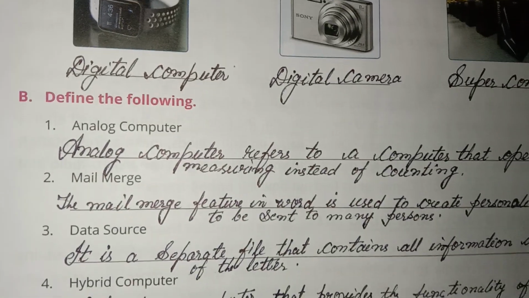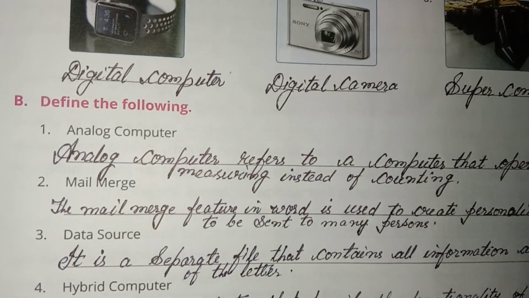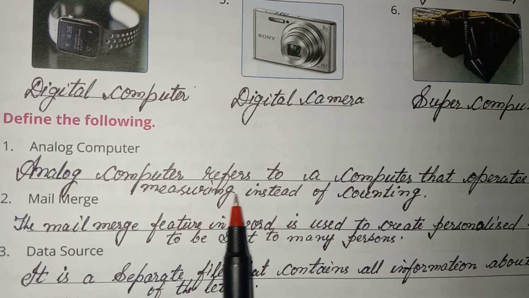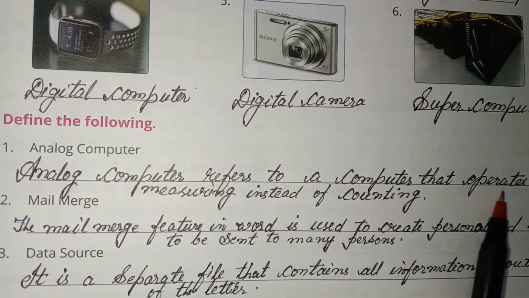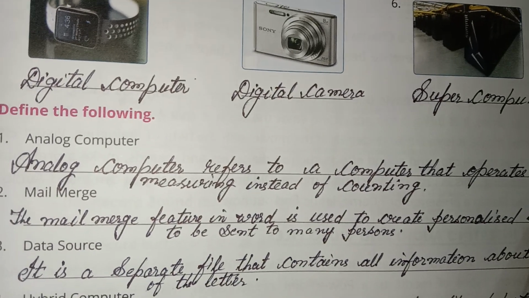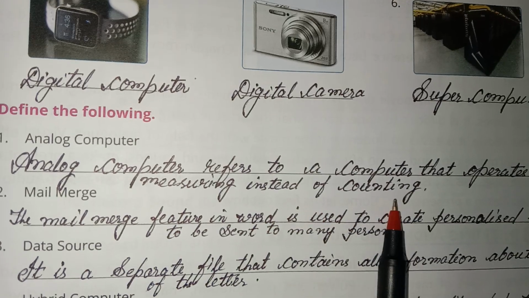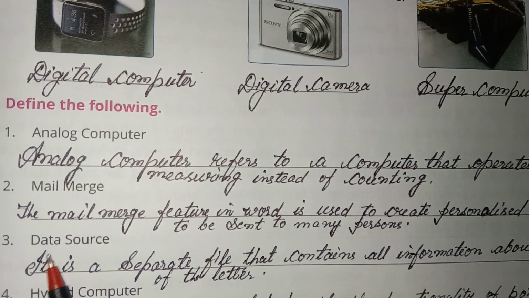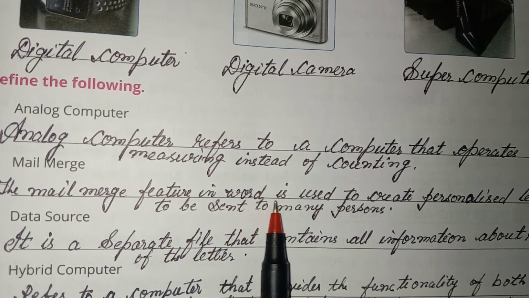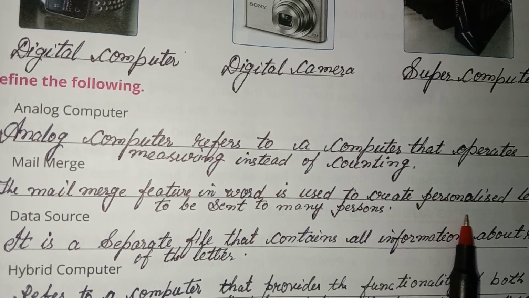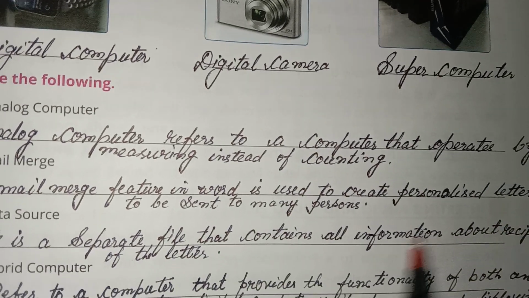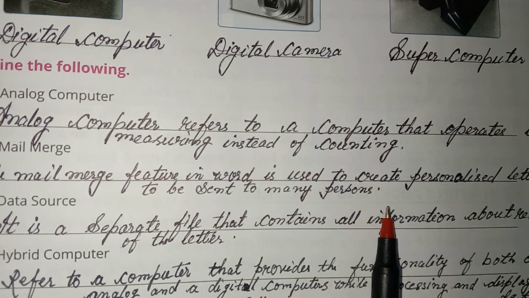Okay. B. Define the following. First, analog computer. An analog computer refers to a computer that operates by measuring instead of counting. Second, mail merge. The mail merge feature in Word is used to create personalized letters to be sent to many persons.